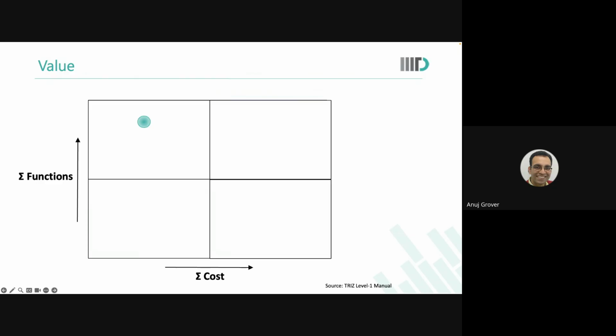On one axis there is function, the other axis there is cost. And that defined what we call value. You want value of anything to be very, very high. So high functionality, lowest cost. We want everything to be in the first quadrant there. So this is the target quadrant that we talked about. This was value.